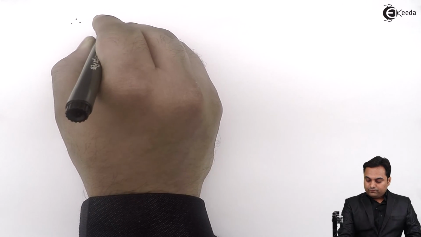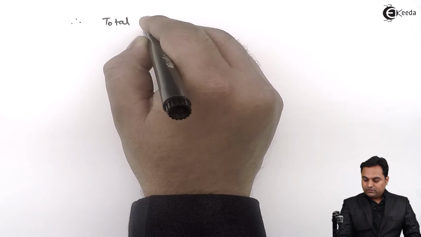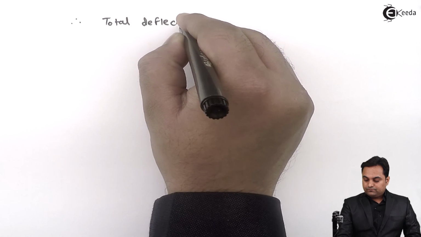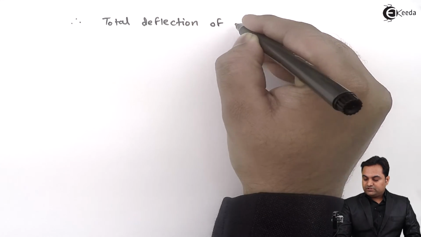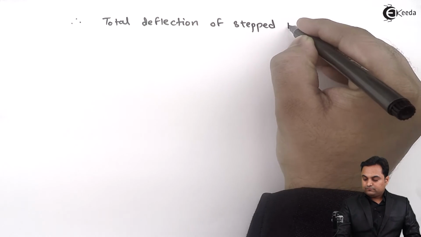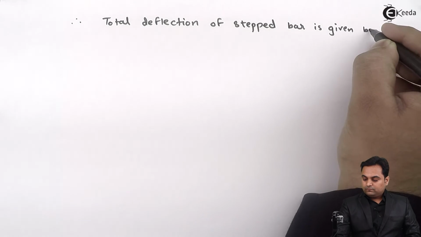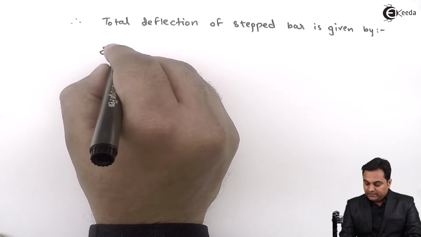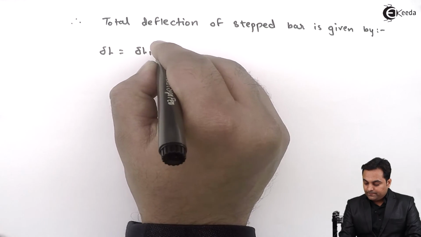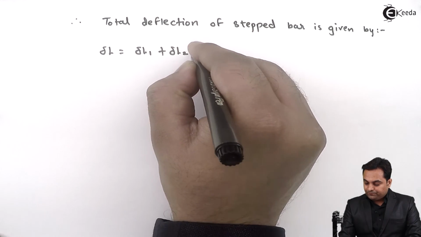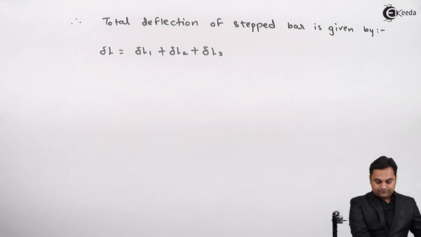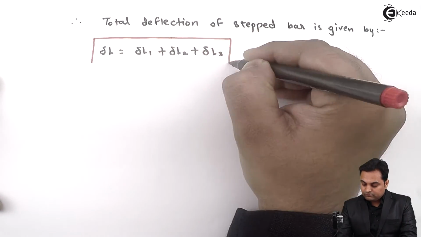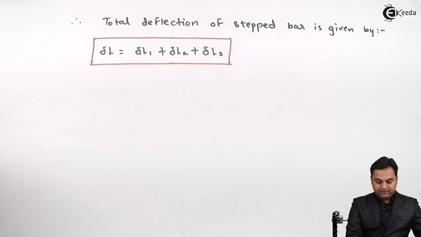So here at last I can say that, therefore total deflection of stepped bar is given by, total deflection will be denoted by delta L, and that is equal to delta L1 plus delta L2 plus delta L3. I'll go on putting the values.